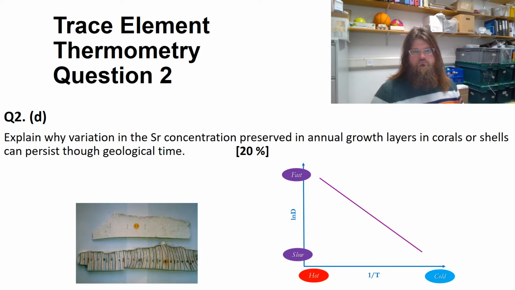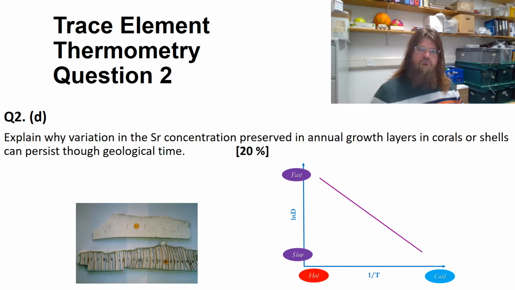What we were really looking for here is a statement that the element ratio that's incorporated into the calcite or aragonite is fixed at the time of formation, and that strontium, once it's inside the shell, can't diffuse out again because the rate of diffusion is very, very slow at regular temperatures.